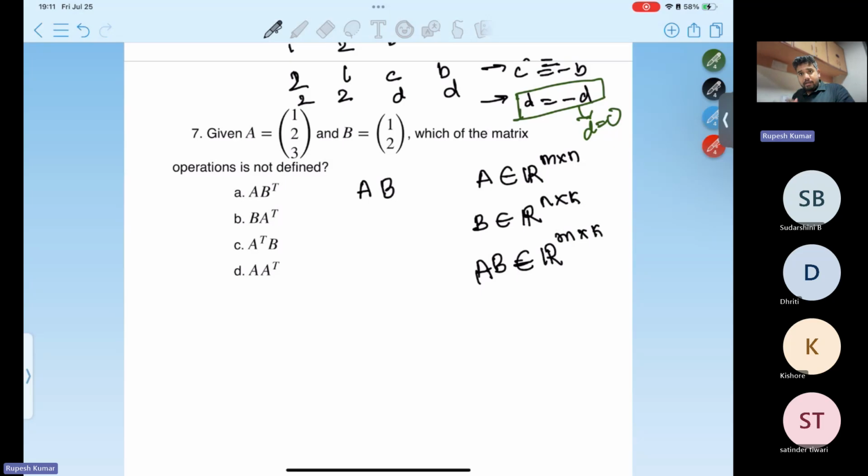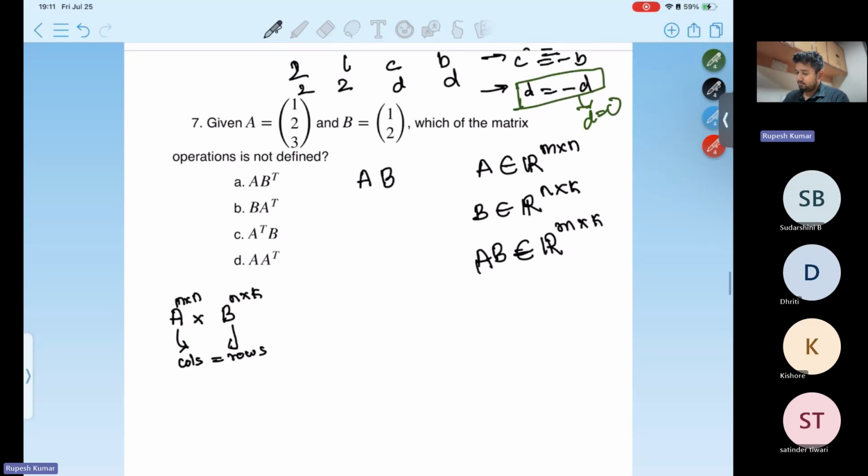So the basic criterion of matrix product is that you have a matrix on the left hand side of the multiplication operator and a matrix on the right hand side. The number of columns of the matrix on the left should be equal to the number of rows of the matrix on the right. This is the basic criterion for a possible matrix multiplication, right?